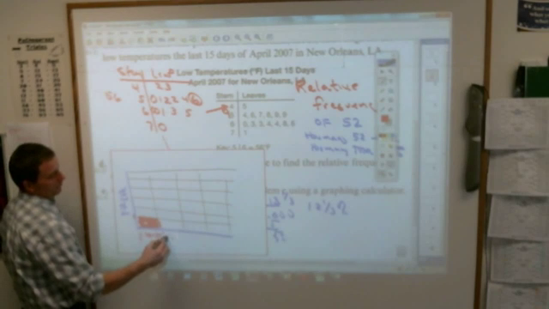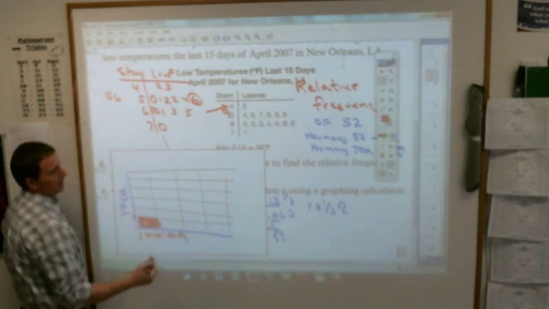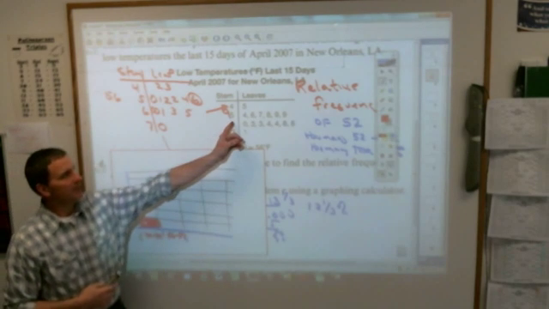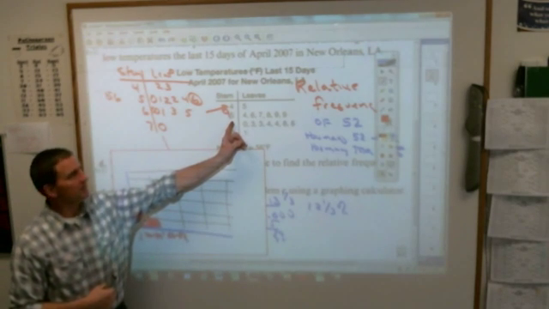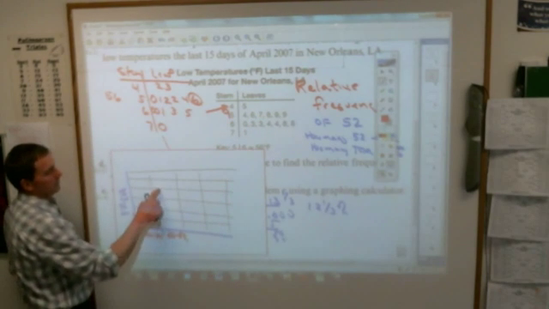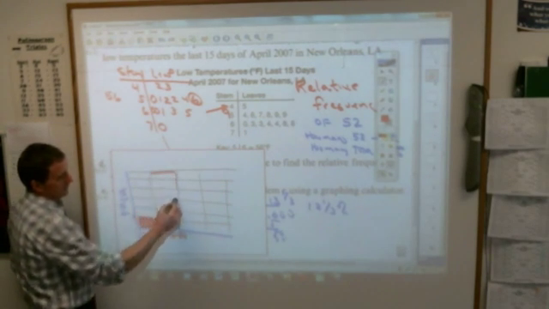Then your next one would go from 50 to 59. How many numbers are from 50 to 59? 1, 2, 3, 4, 5, 6. So you got to go all the way up to 6.